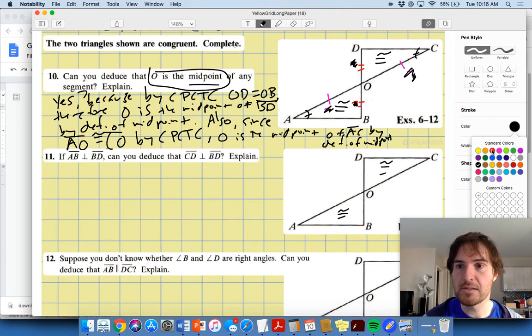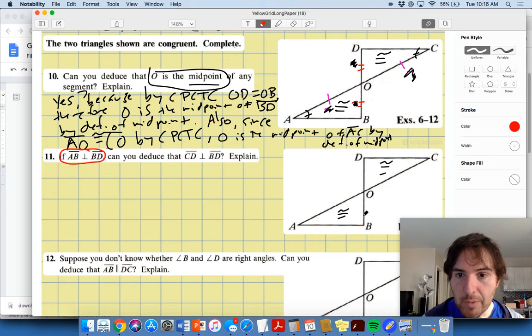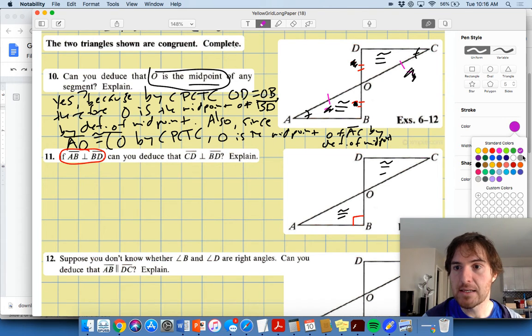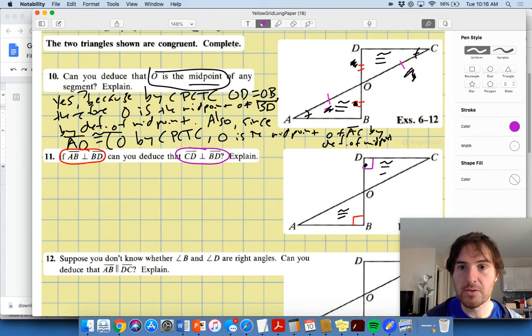So AB perpendicular to BD. Okay, if we knew this, let me do this in red. If we knew that AB is perpendicular to BD right there, can we deduce that CD is perpendicular to BD? If this is our given premise, this is perpendicular. Can we prove that CD is perpendicular to BD?